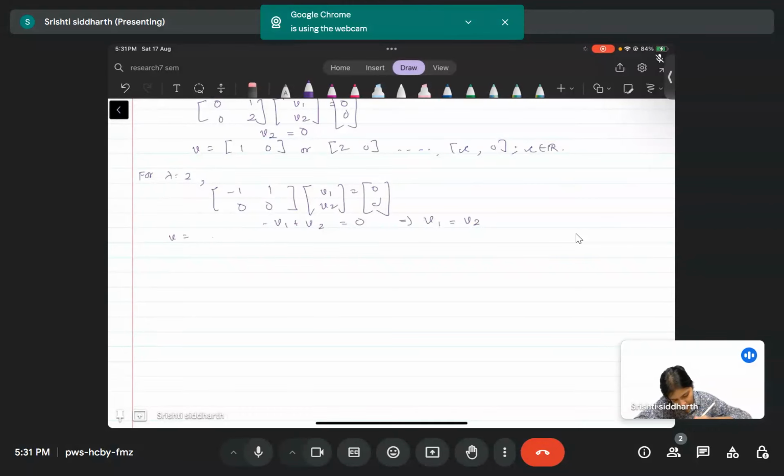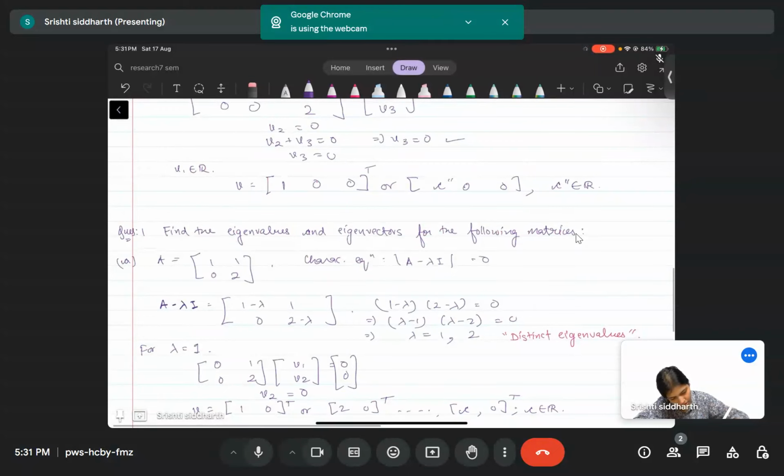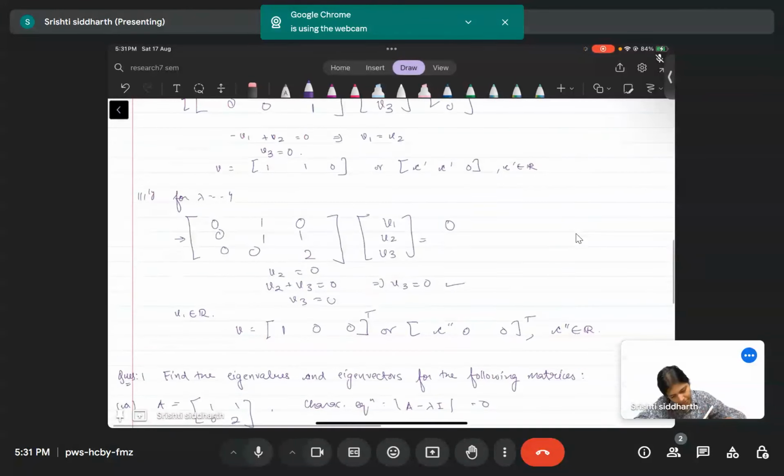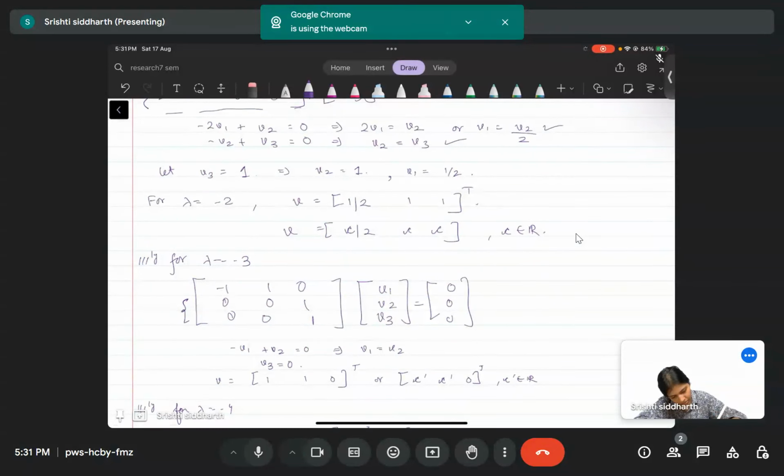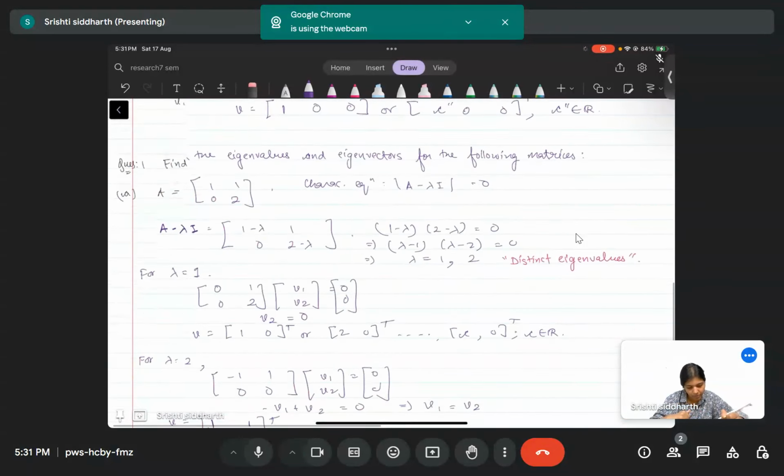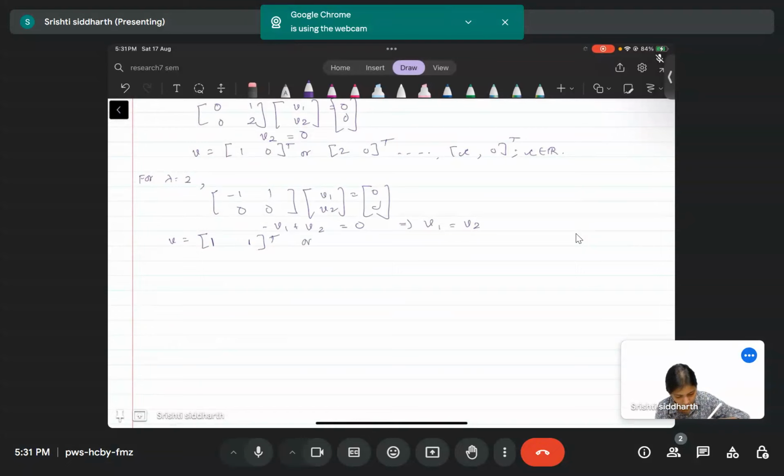So the simplest eigenvector would be (1, 1), or some constant c times that.